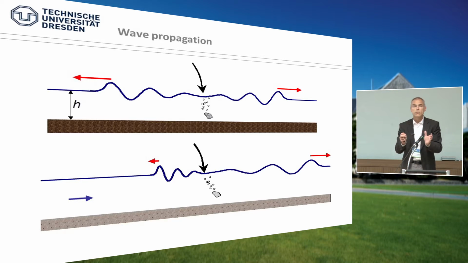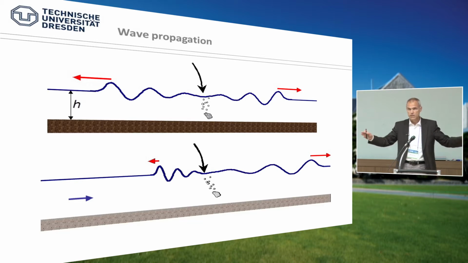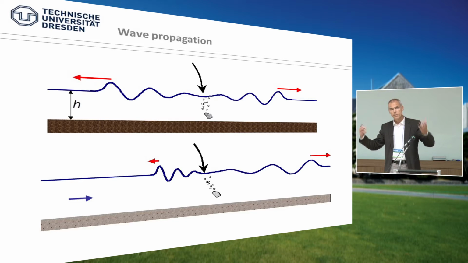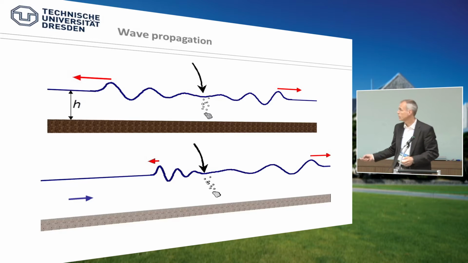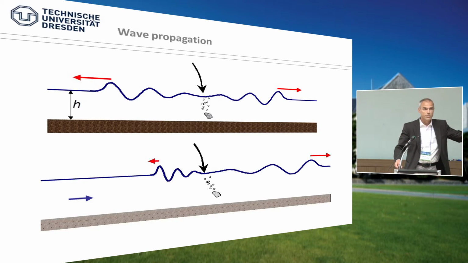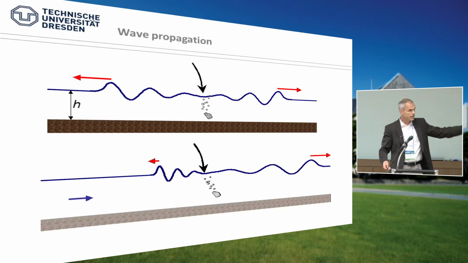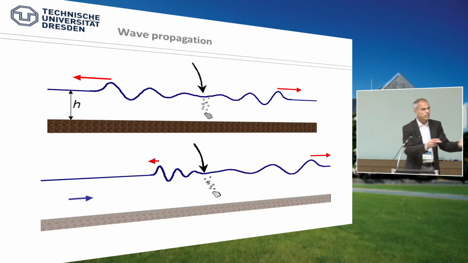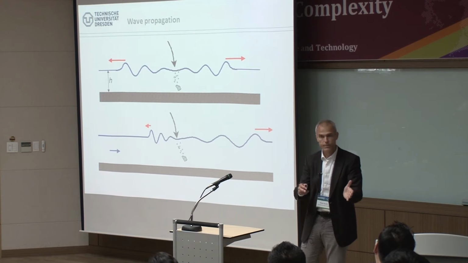The water body is not moving, it's just a pattern that is moving. And it becomes more interesting when we throw the stone into a river, where underlying we have a main flow direction. So downstream you have wave propagations which are faster than the flowing, the bulk water.